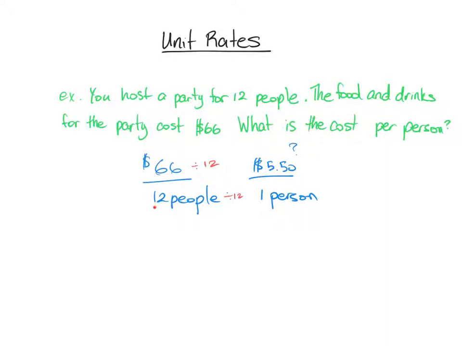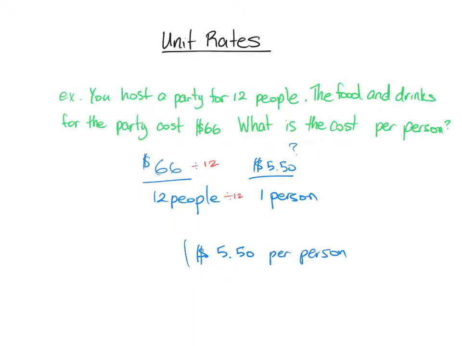But of course, you have to divide both the denominator and also the numerator. And that's how you find the unit rate. So in this particular question, we actually have the answer now. We see that the cost per person, or the cost for one person, is $5.50.